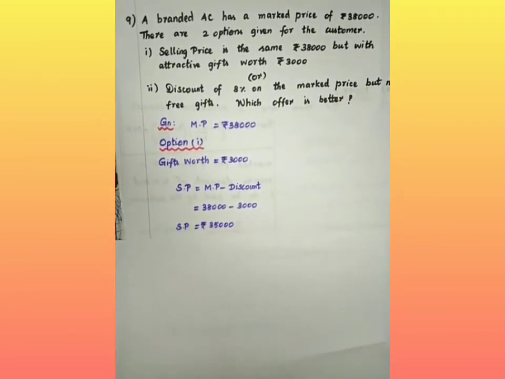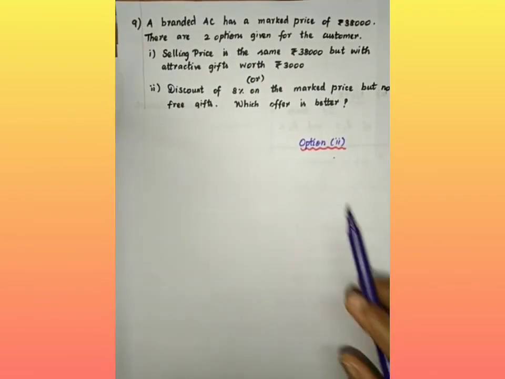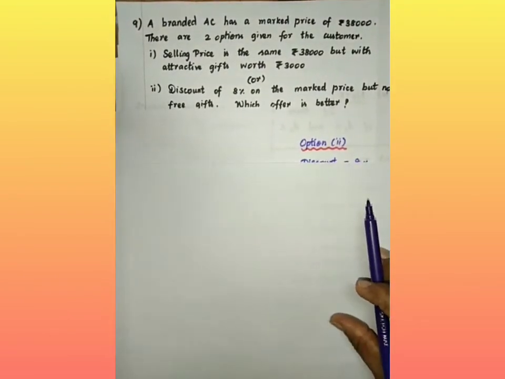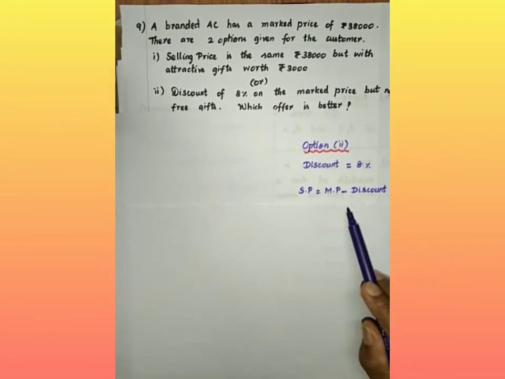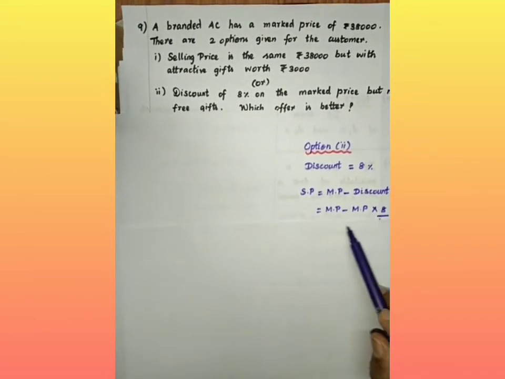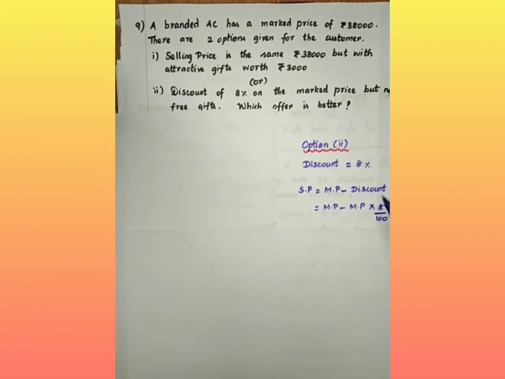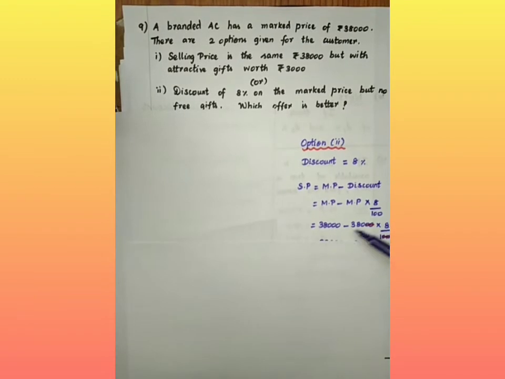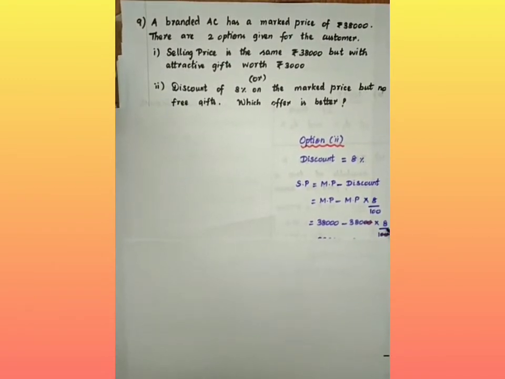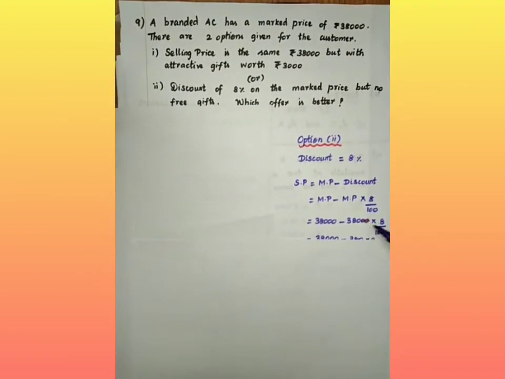Then for option 2, the discount is 8%. Then SP equals MP minus discount. MP minus MP into 8% discount, that is 8 by 100. So 38,000 minus 38,000 into 8 by 100. So double zeros we have cancelled.